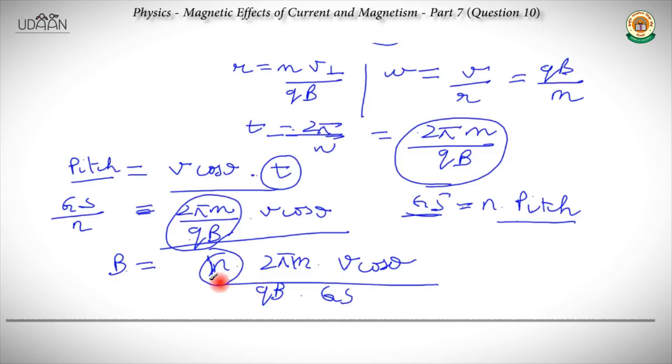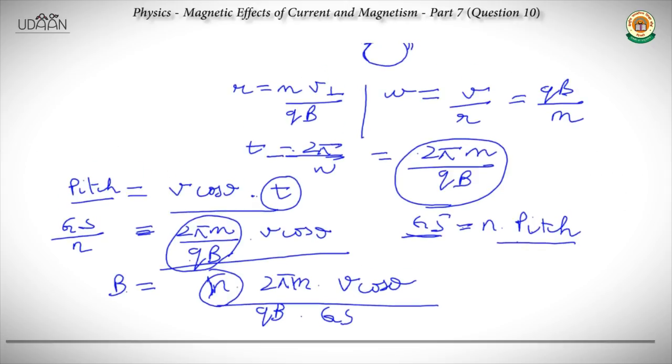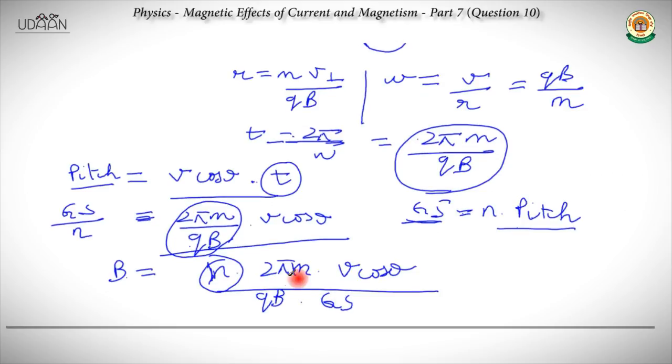But we can give the minimum value as n equal to 1, that is, for just one pitch or one circle completed, it reaches S from G. I'm sorry, but there is one more q in the denominator here, is it? Okay, sorry, that's a mistake, because q was supposed to go there.